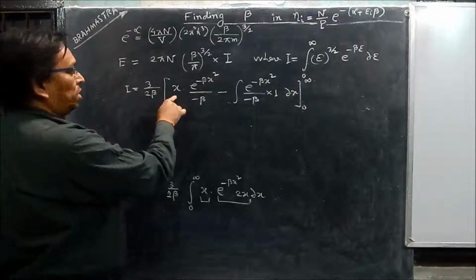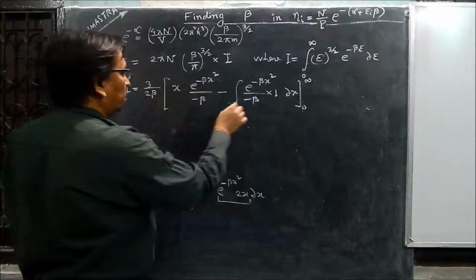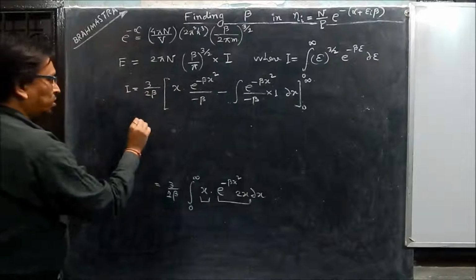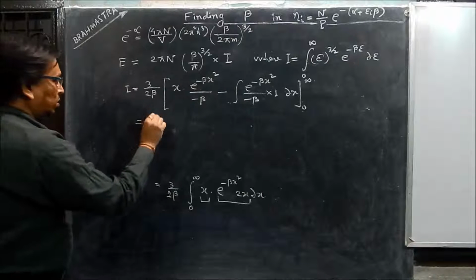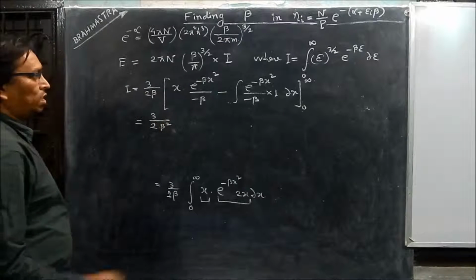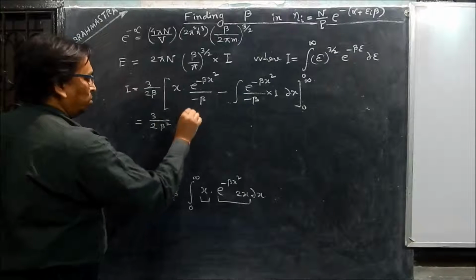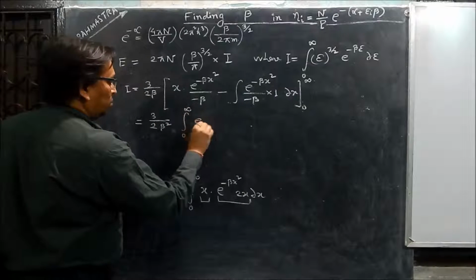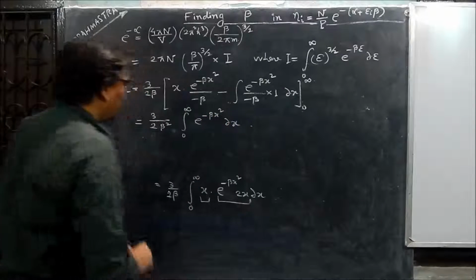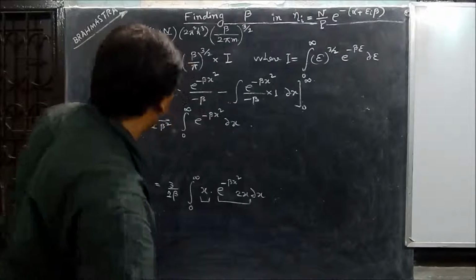Again, if we put infinity and 0, this part will be 0, and the remaining part will be this. Now one beta will come here and multiply with this, so this will be 3 by 2 beta square, and the integration from 0 to infinity of e to the power minus beta x square del x.